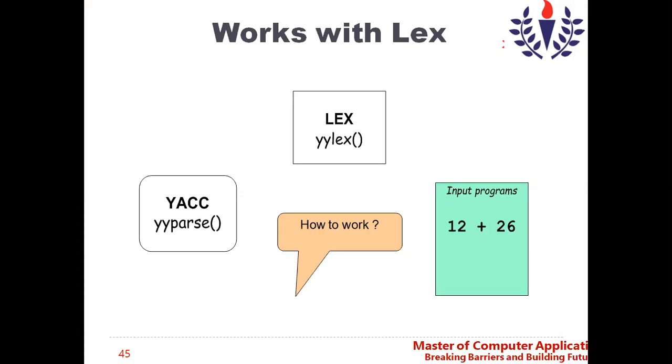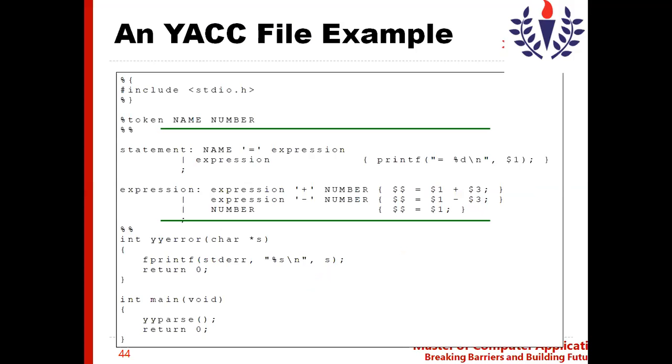Suppose the input has the value a equal to 12 plus 26. If you have the input in such a way, how is this program going to accept the input? That is what the Yacc program deals with.